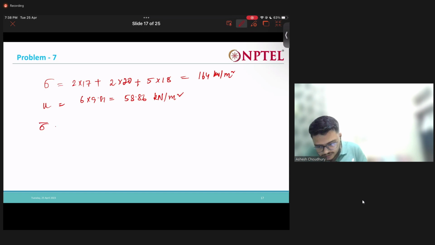So effective stress will be 0.5 square. Okay, so what is the increase in pressure?